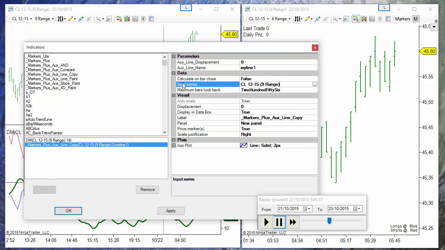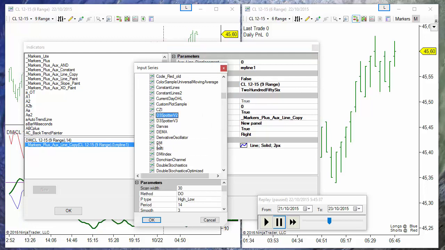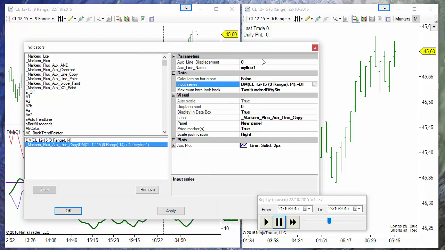We set the input, on input series we put the name of the indicator, which on this example is the DM. The DM has 3 lines, but I am going to copy the positive and let's call it plus.